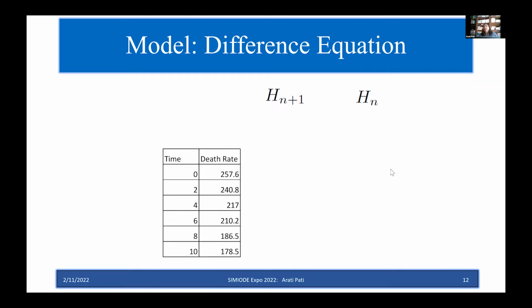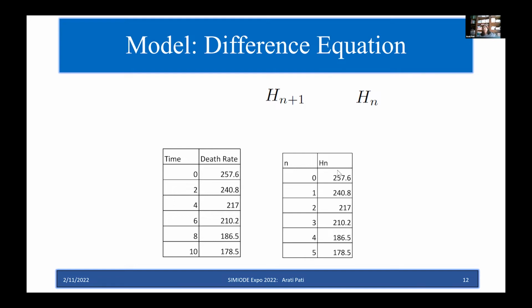Now I'm going to represent it in discrete form, where this is my starting observation, H0 is equal to 257, and then the next observation H1 is 240.8, and the next observation is H2, and so on. So instead of writing t, I'm writing n, which is a counter or iteration.